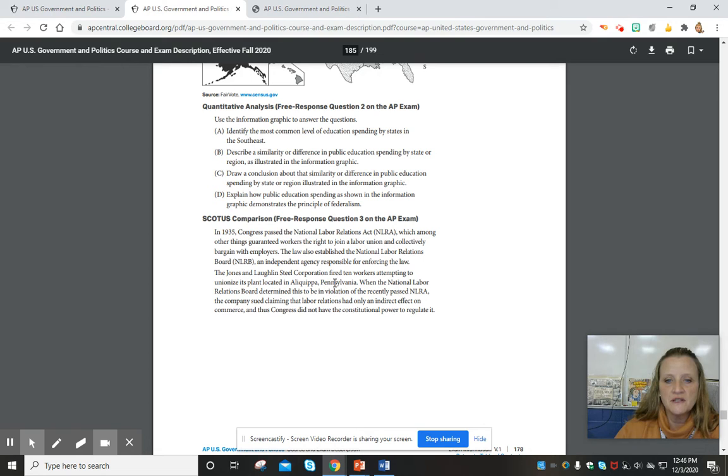The Jones and Laughlin Steel Corporation fired 10 workers attempting to unionize its plant located in Aliquippa, Pennsylvania. When the National Labor Relations Board determined this to be in violation of the recently passed NLRA, the company sued, claiming that the labor relations had only an indirect effect on commerce, and thus Congress did not have the constitutional power to regulate it.